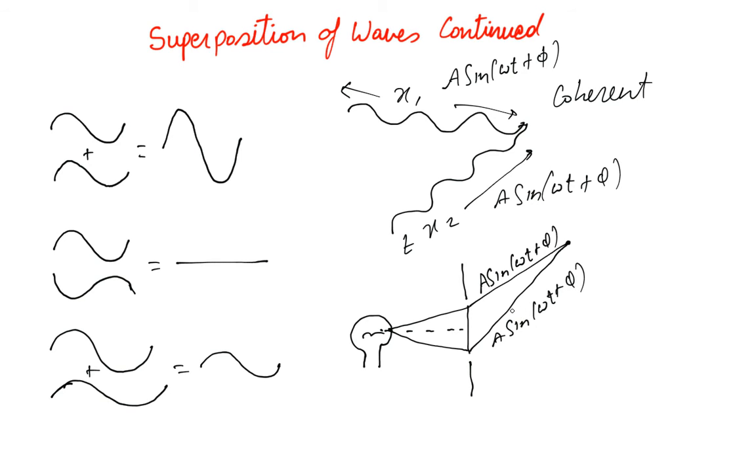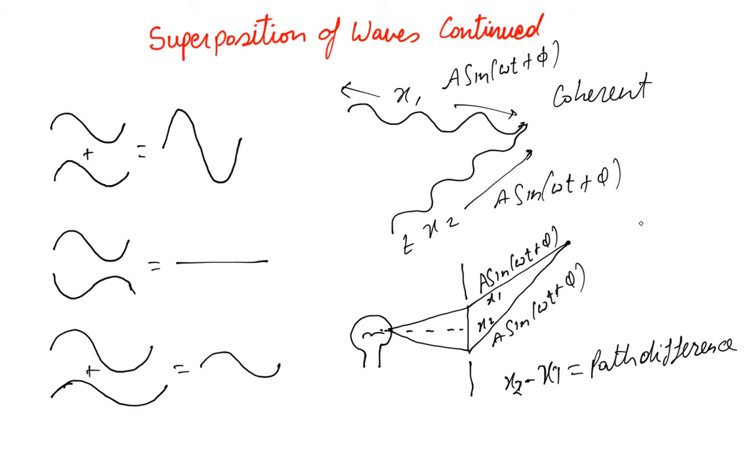The only difference between these two waves is that this guy has traveled a lesser distance, so it has taken a lesser time, and this guy has traveled a longer distance and has taken a longer time. So let's say if this has traveled distance x1 and this has traveled distance x2, x2 minus x1 is called the path difference between the two waves.